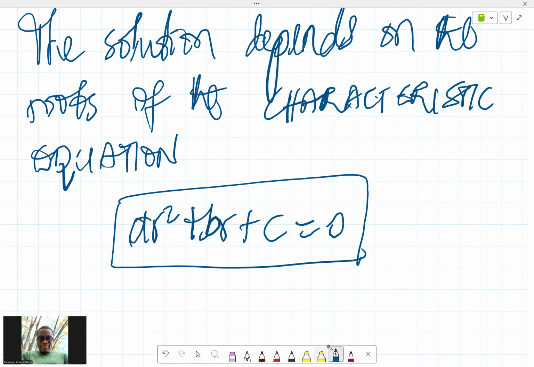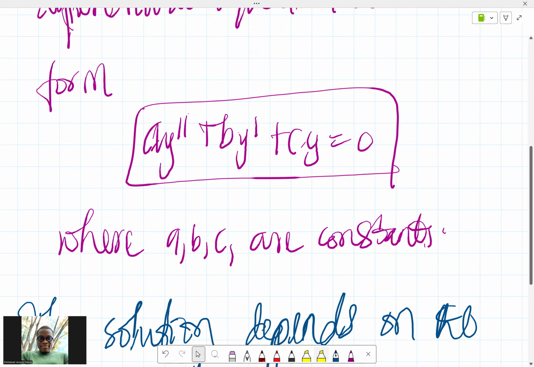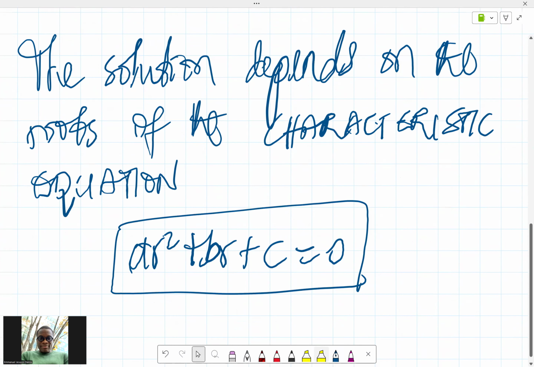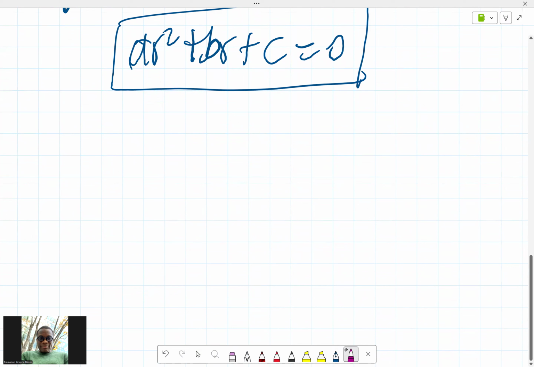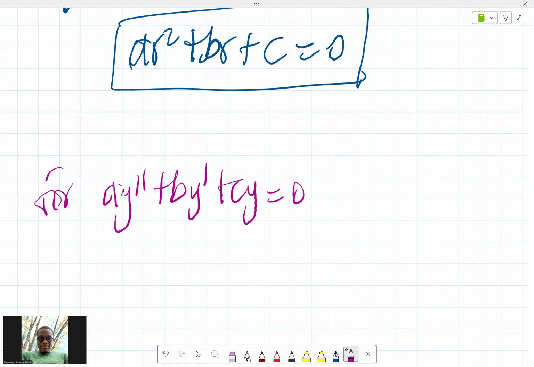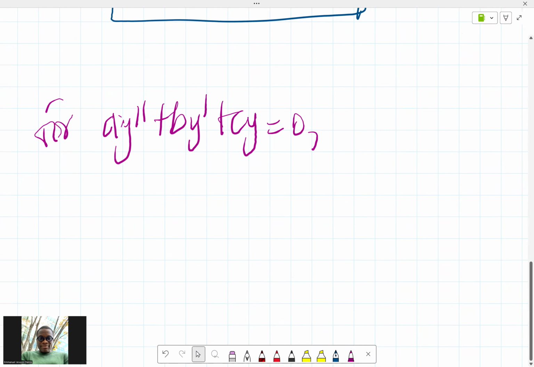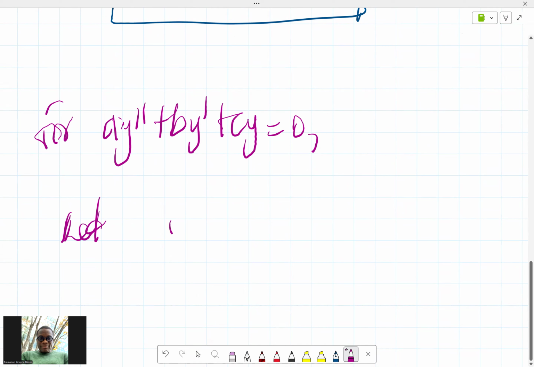You may be wondering, how do we come about this? Imagine that for ay'' + by' + cy = 0, you let the solution y be e raised to power rx, because y is a function of x.